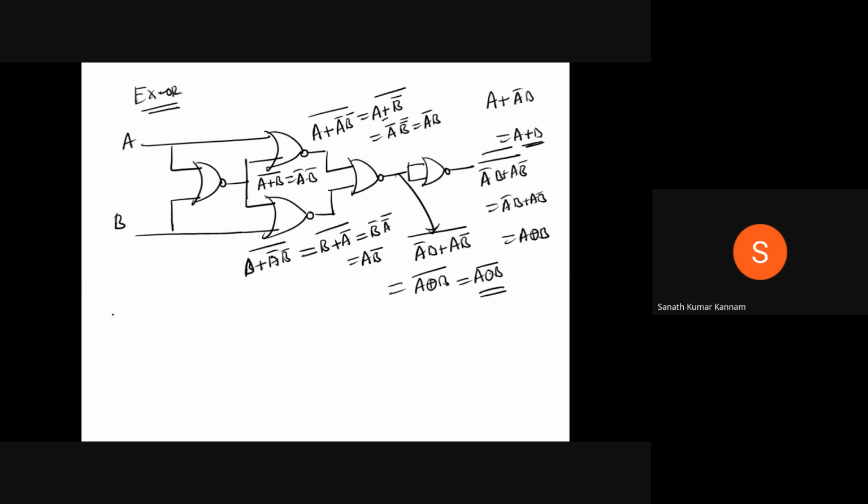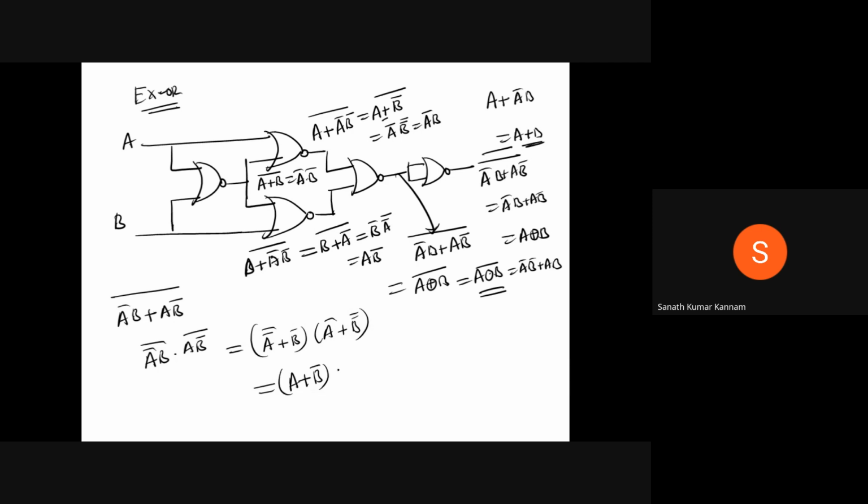So A bar B plus AB bar, what is this equal to? A bar B bar plus AB. How will you get this? It is whole bar, so you just apply De Morgan's law: (A bar B) whole bar and (AB bar) whole bar. This is equal to (A plus B bar)(A bar plus B).